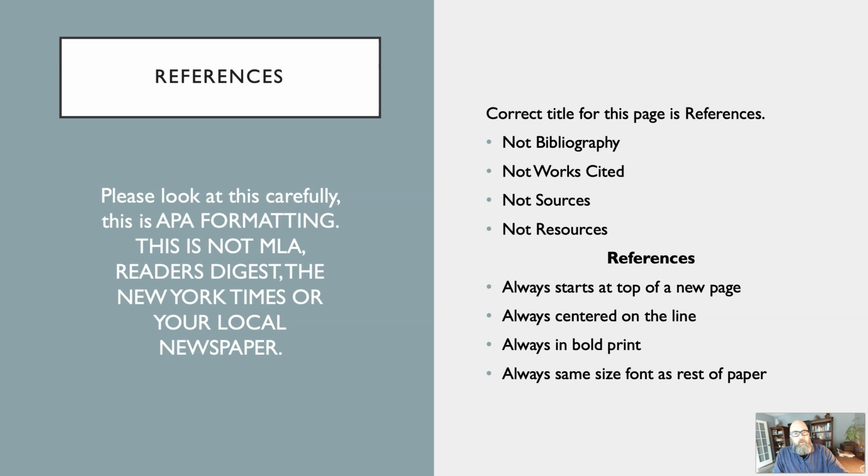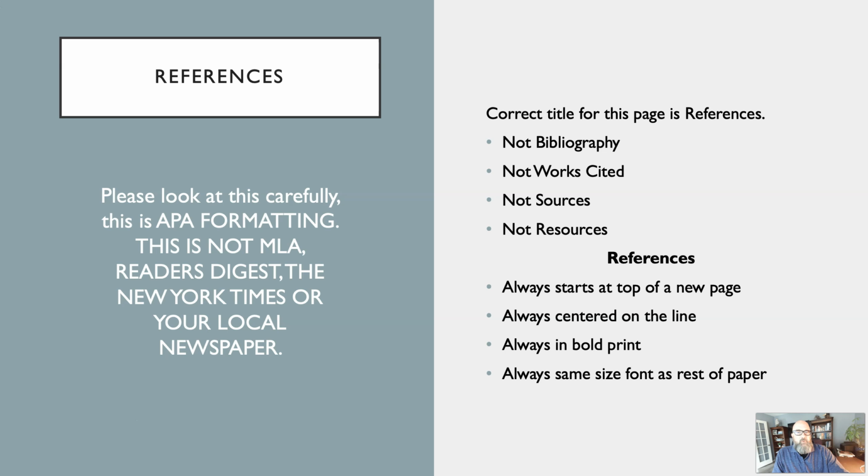Remember that the correct title for this page is References. Simple word, References. Not bibliography, not works cited, not sources, not resources. I don't care what you've used on every other paper you've ever written. For APA, the word is References. The word References always starts at the top of a new page.